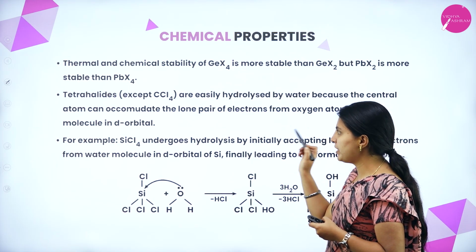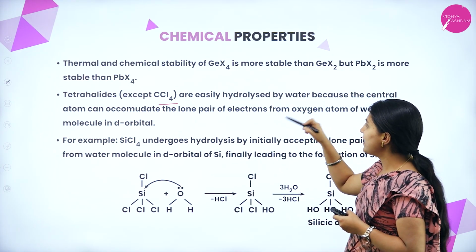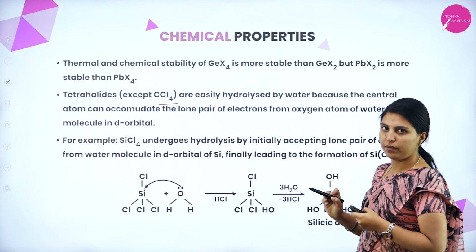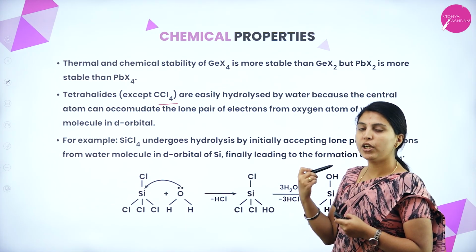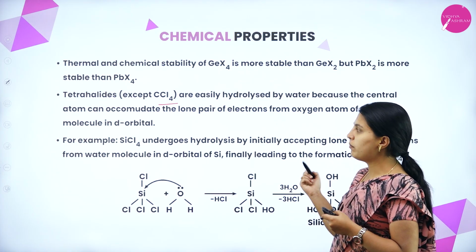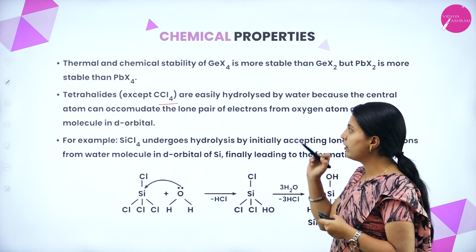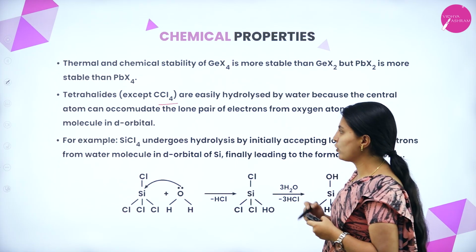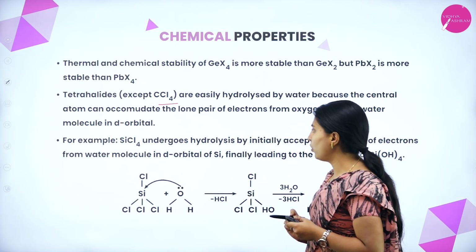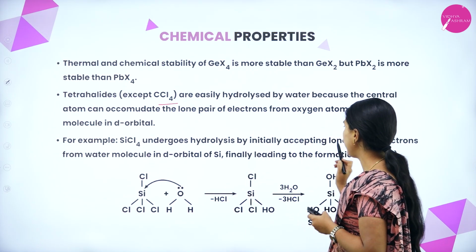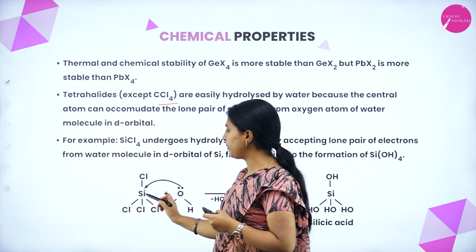Why does this happen? Tetrahalides except carbon tetrachloride are easily hydrolyzed by water, and the central atom can accommodate the lone pair of electrons from oxygen due to the influence of the d orbital. For that reason, the stability also changes. For example, silicon chloride undergoes hydrolysis by initially accepting a lone pair of electrons. The lone pair of electrons will be accepted by silicon.